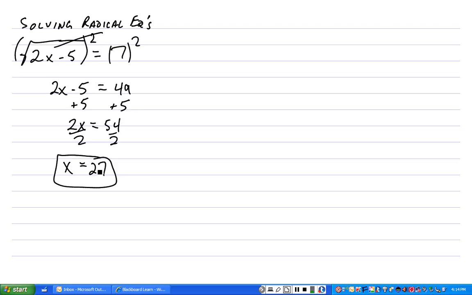Alright, so let's check. We're saying x is 27 in our initial problem, so we take our 27 and plug it back into our initial problem. So we had square root of 2 times x, and x is now 27, minus 5, all under the radical, equals 7.